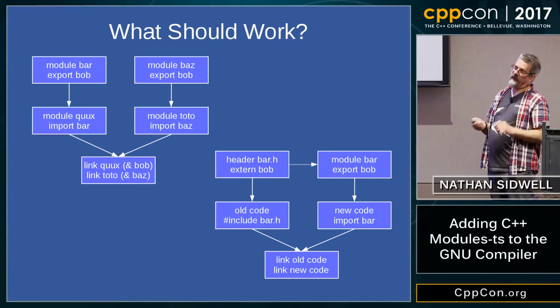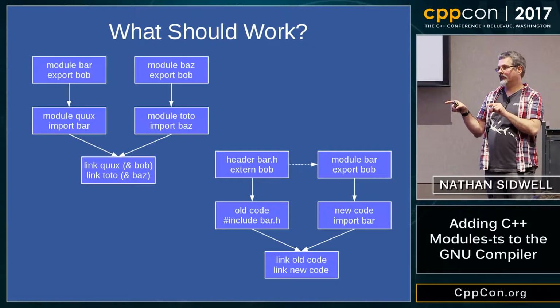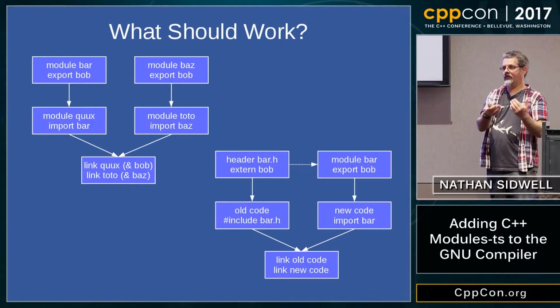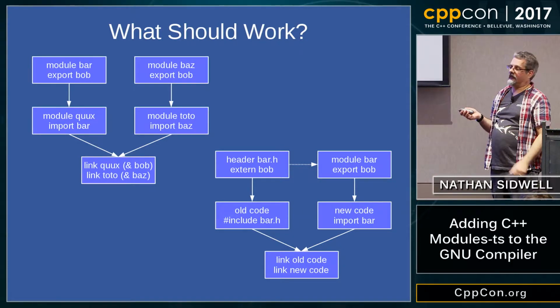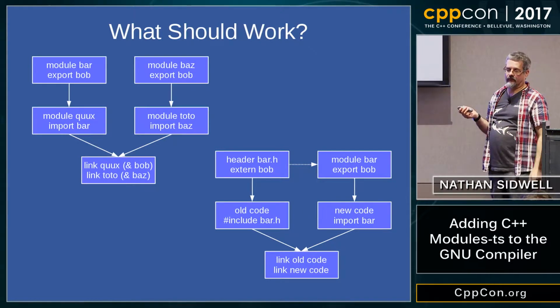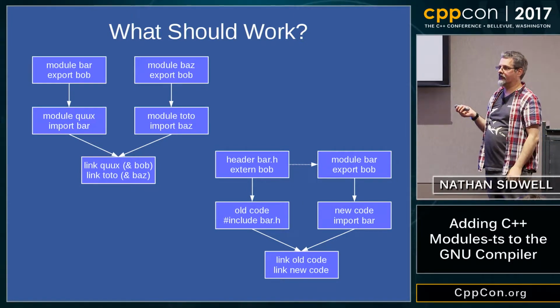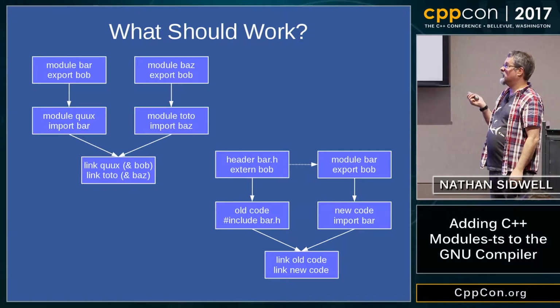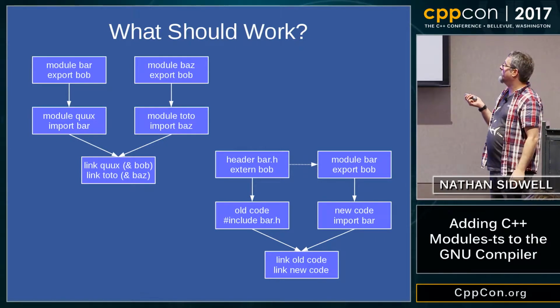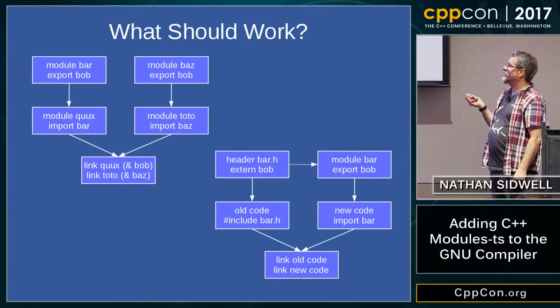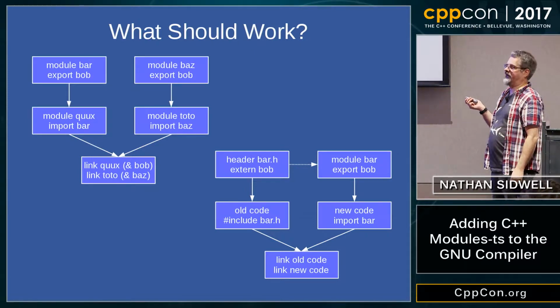The backwards compatibility header didn't just say import bob; it actually declared it in a way that you could use an old, non-modular-aware compiler for. Do you want that to work? We had to think. I talked to Jason and Gabby, and I can't remember if Richard was in the conversation at some point as well, probably was. This case has to work. This case we don't care about. It'd be nice if it worked or did something, but this case has to work, because otherwise you have to convert everything all at once, and that's never going to fly.